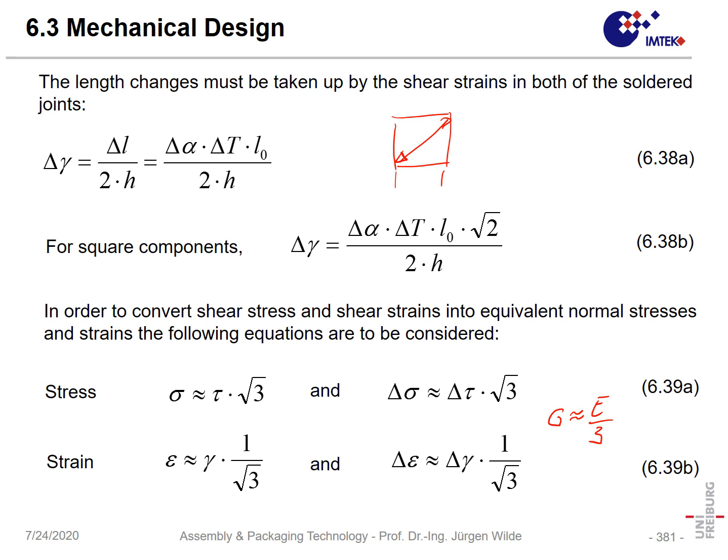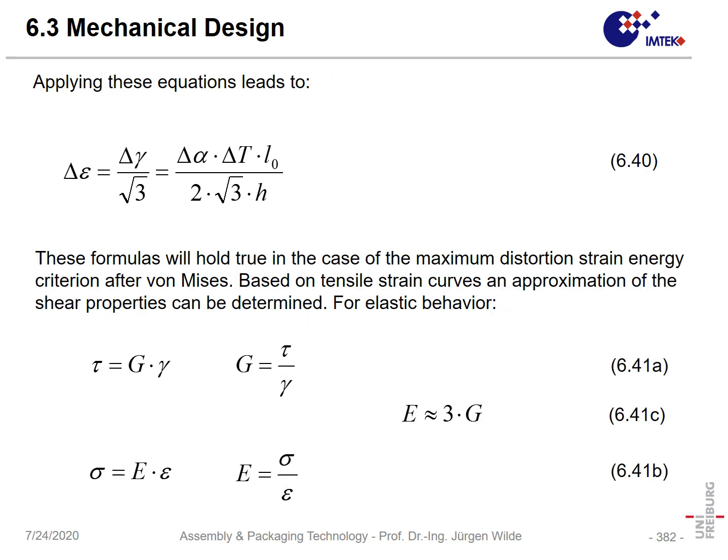And in that way, we can say, okay, the delta epsilon is proportional to the shear strain divided by square root of 3.